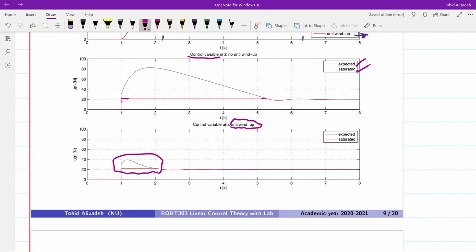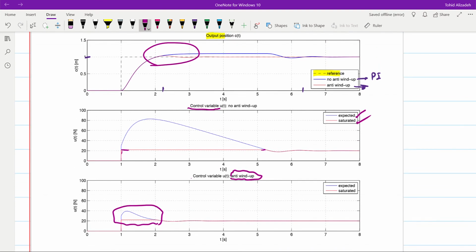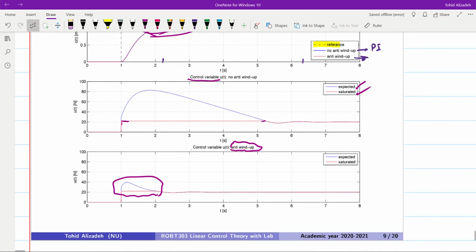So for a short time it goes beyond the saturation limits, but after a very short time it falls in between the two saturation limits. And that's why here we also see that the actual output of the system has a smaller settling time compared to the case in which we don't have the anti-windup scheme.